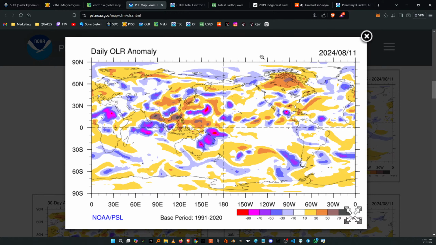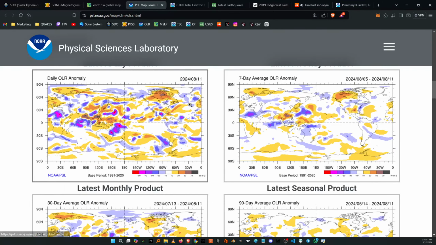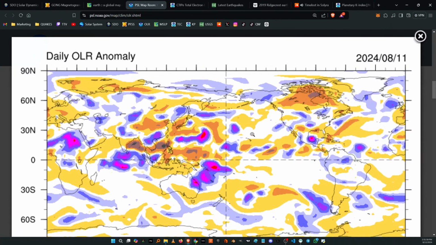Everything on the daily OLR anomaly chart is a day old, and these things do move around and change in strength. If we don't have quicker updates on where all these things are emanating from, it's harder to get an accurate forecast as far as location is concerned. But this is the best we got, so we're going to look at this a little bit bigger.